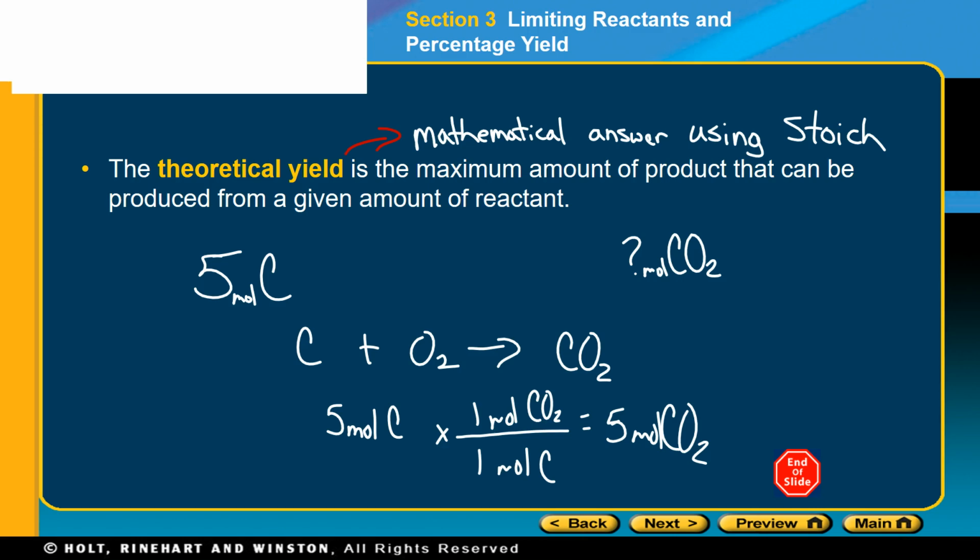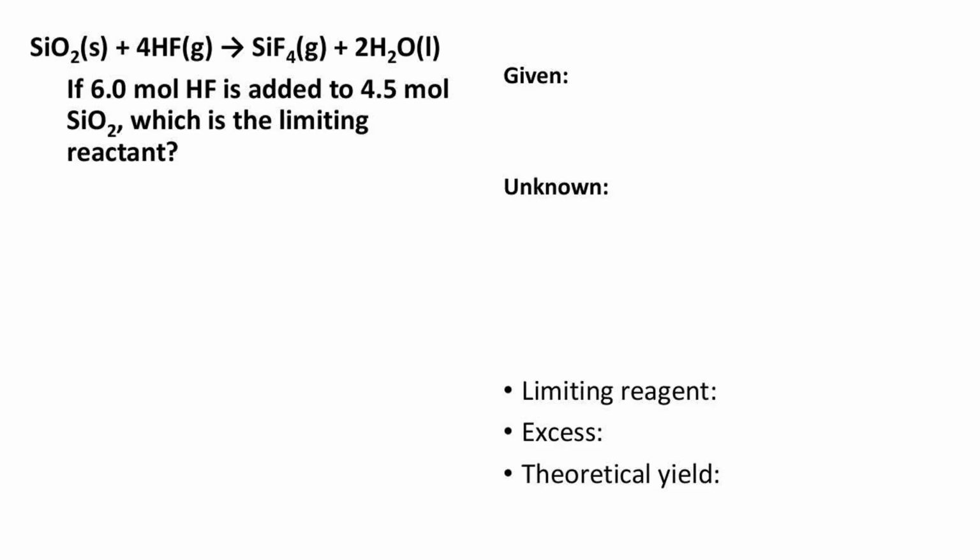So let's look at an example problem. So now I have my reaction of silicon dioxide reacting with 4 moles of hydrogen fluoride gas reacting to form silicon tetrafluoride gas and water. All right.